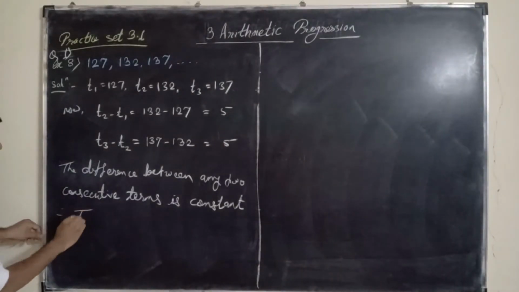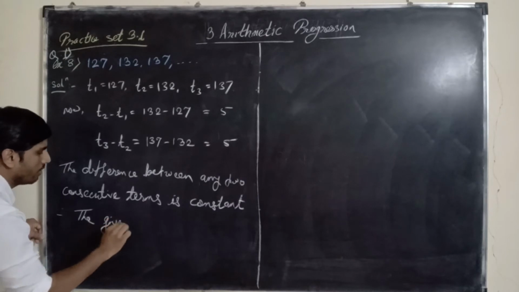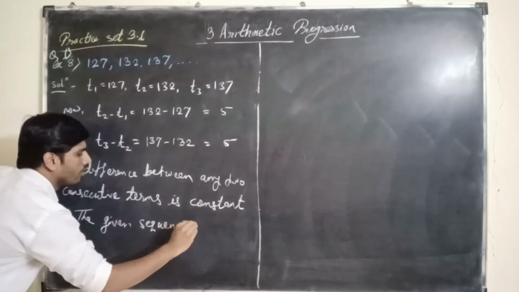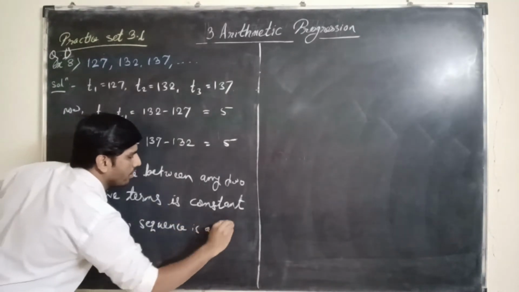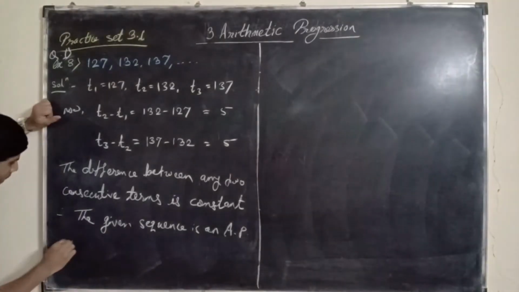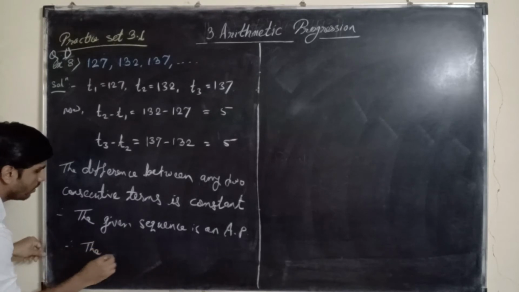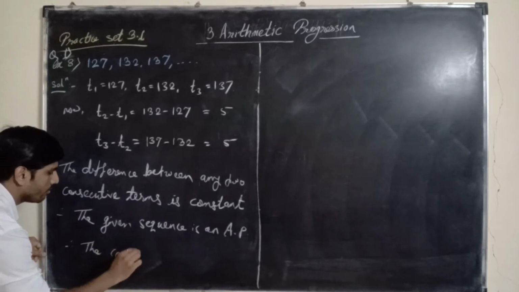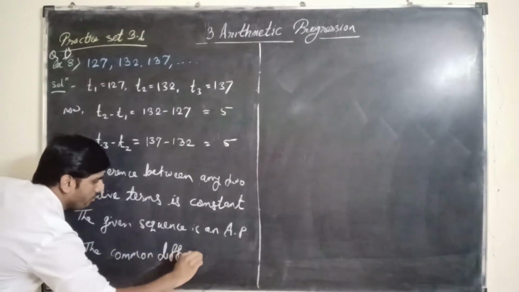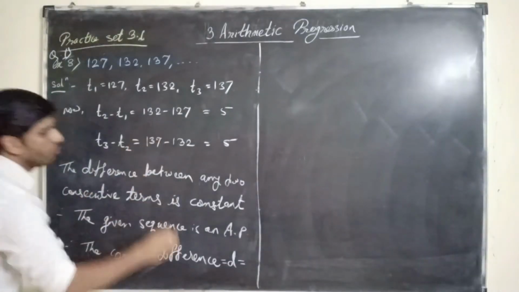Therefore, we are on the conclusion that the given sequence is an arithmetic progression. So therefore we can say that the common difference, which is d, is equal to 5.